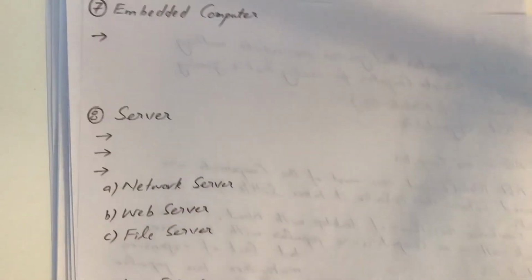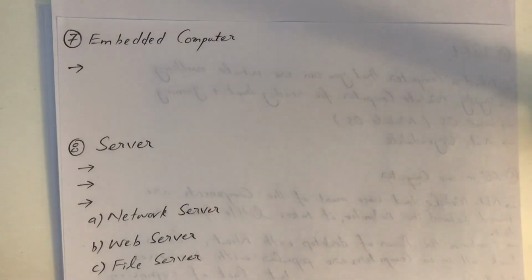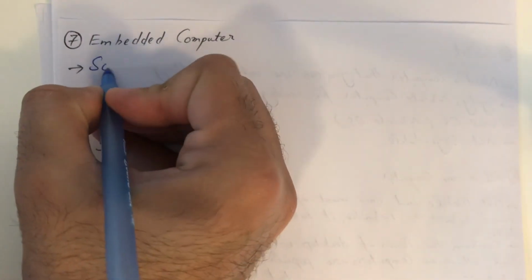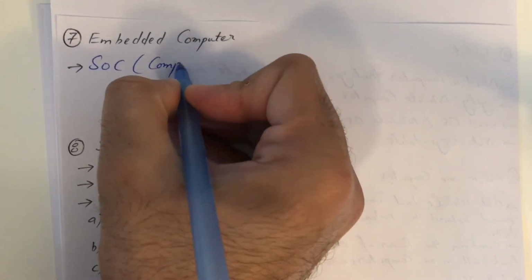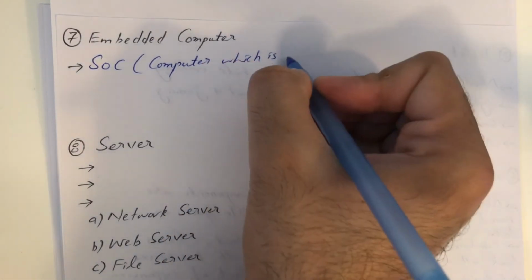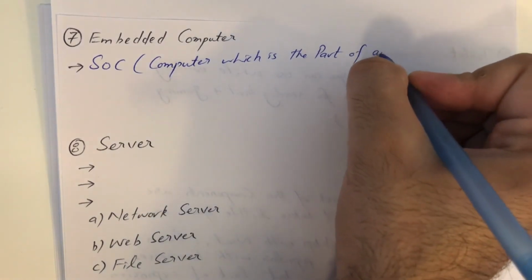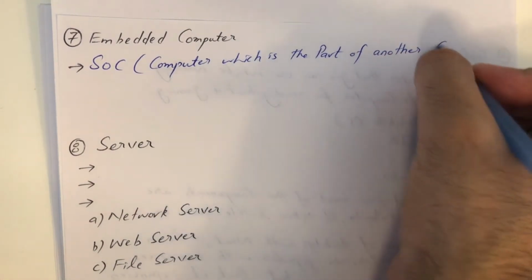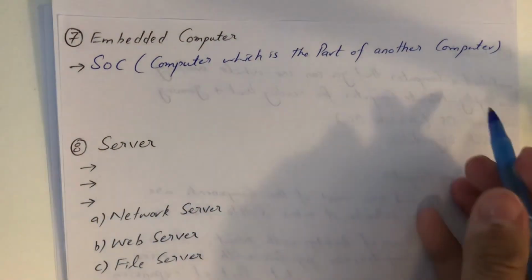Next are the embedded computers. Embedded computers are basically a system on chip, or you can say a computer which is a part of another computer. That is called an embedded computer.